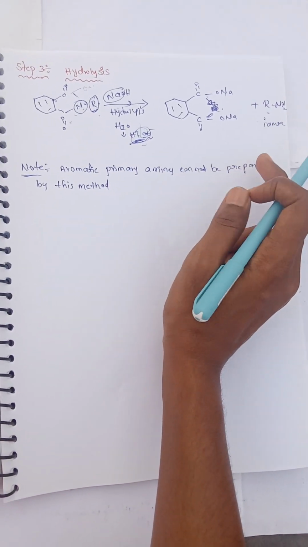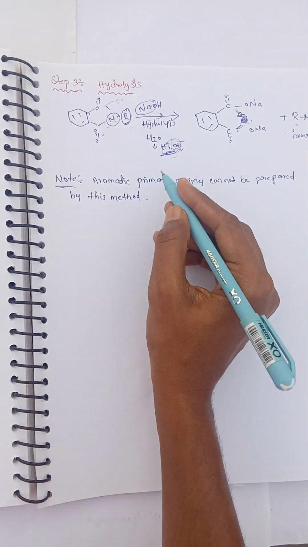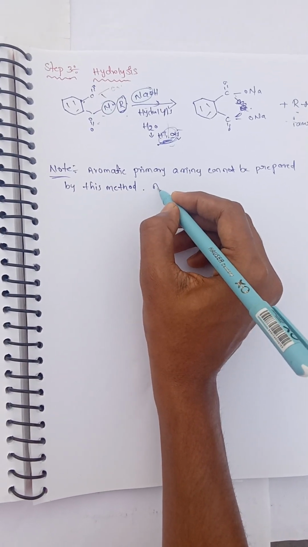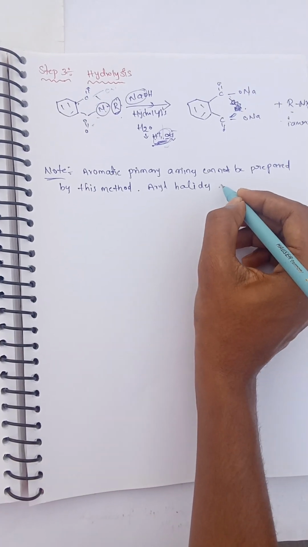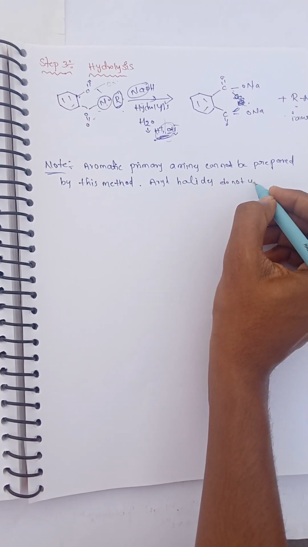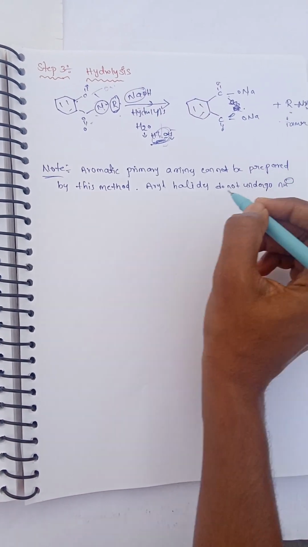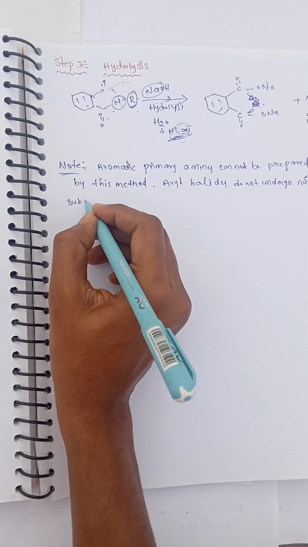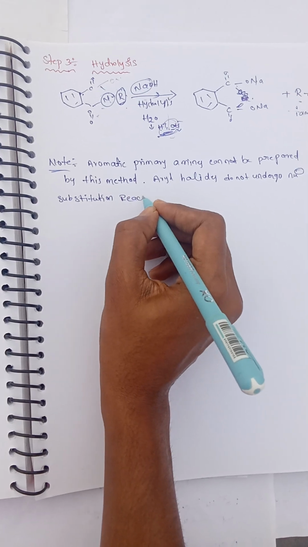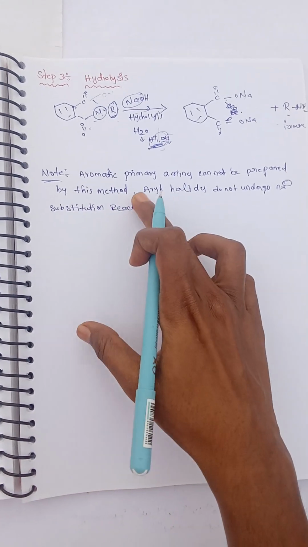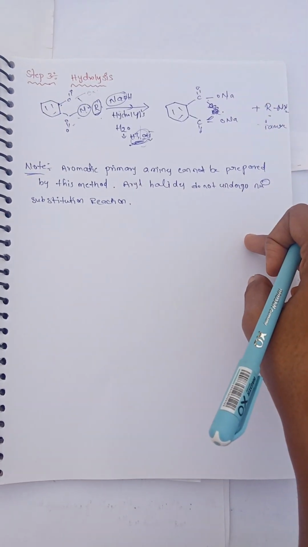Only aliphatic primary amines can be prepared by this method. Why? Because aryl halides do not undergo nucleophilic substitution reaction. That's why aromatic primary amines cannot be prepared by this method. This is the most important topic, guys.